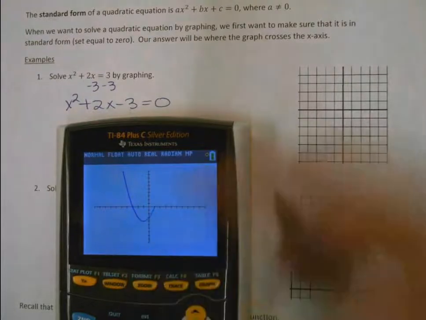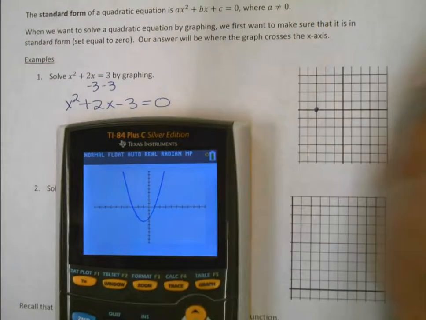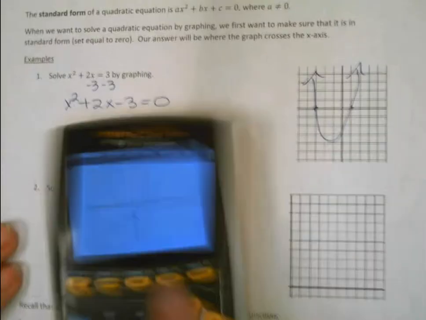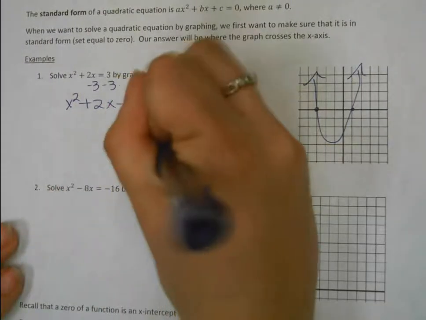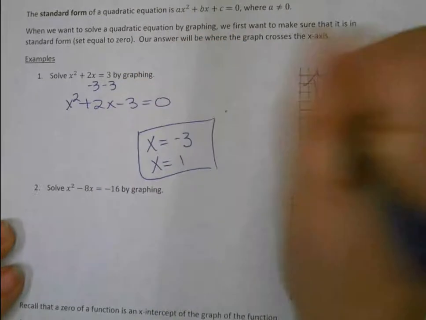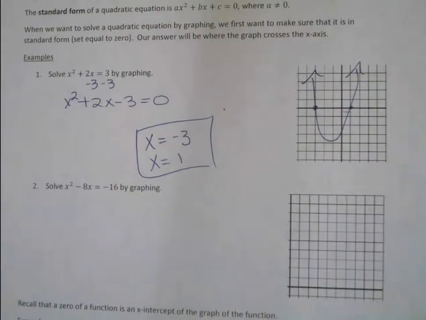So right here at -3, and right here at +1. And then I just sketch my graph. So my answer for number 1 is x equals -3 and x equals +1, because that's where it's crossing the x-axis. Questions there?